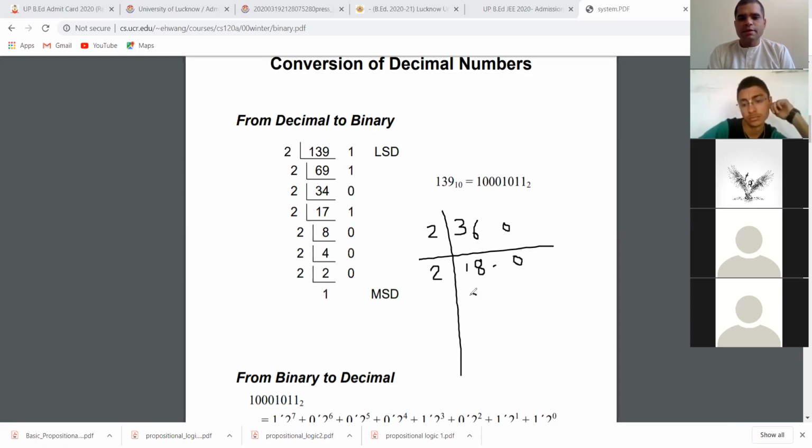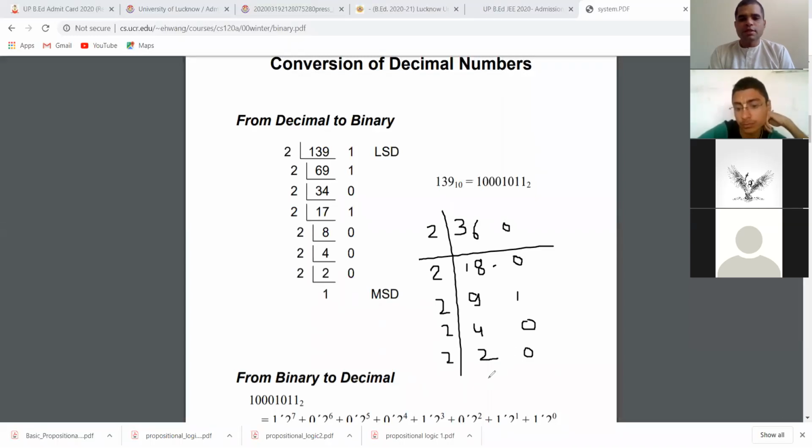Here you will get 9. Divided by 2, remainder is 1. You will get here 4. Divided by 2, remainder is 0. You get here 2. Divided by 2, remainder is 0. You get here 1. Okay. So the number you got is 1, 0, 0, 1, 0.